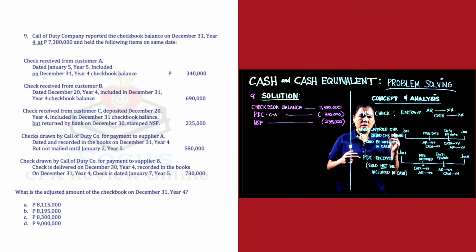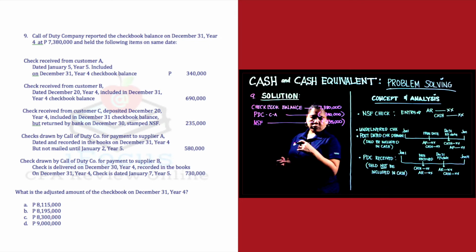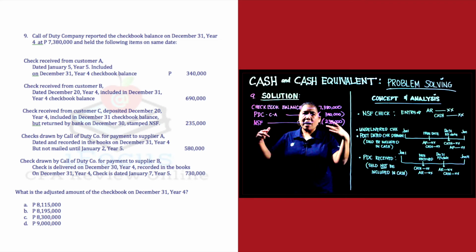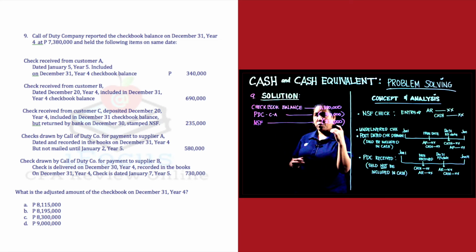So, it's the same concept with the post-dated check dahil hindi pa niya mai-cash. So, this undelivered check should be included in our cash. Amounting to 580,000. Nung inisyo yung check na yun, binawas na yan sa checkbook balance natin. Pero dapat kasama pa rin yan. Alright? So, i-add back natin yan sa 7,380,000 na checkbook balance natin.